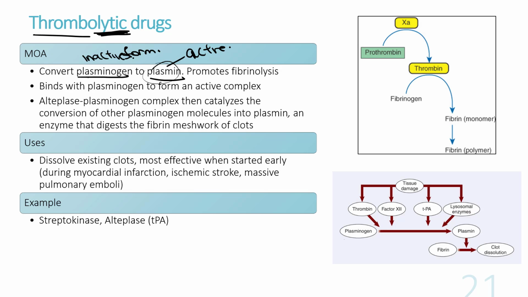So you see over here, plasminogen is inactive, plasmin is active, and what it does is it helps clots to dissolve. All right, so that's what it does. It forms an active complex, and it helps clots to dissolve. And so it dissolves existing clots, and these are the two drugs typically used as thrombolytic drugs.